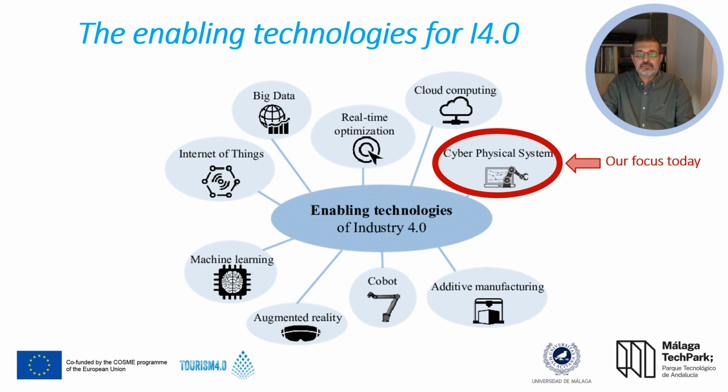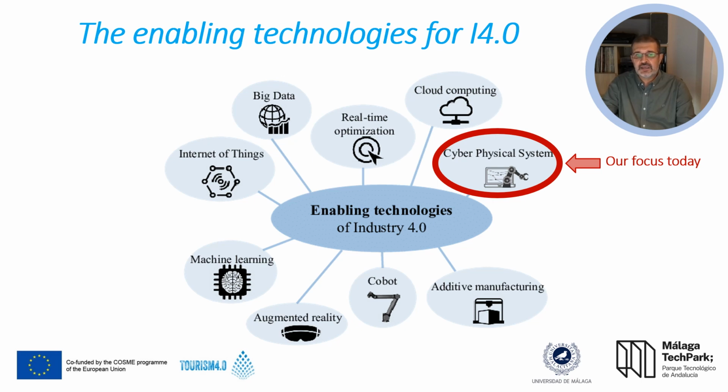All the elements in Industry 4.0 are connected via the Internet of Things, which is a communication system. We use big data in order to look for patterns and figure out the tendency of the market, and real-time optimization of the process, and big servers that provide cloud computing.